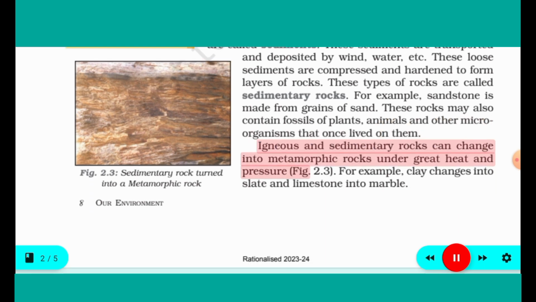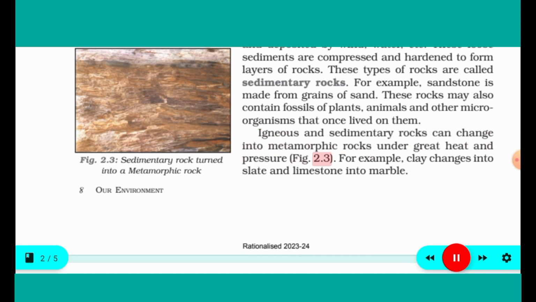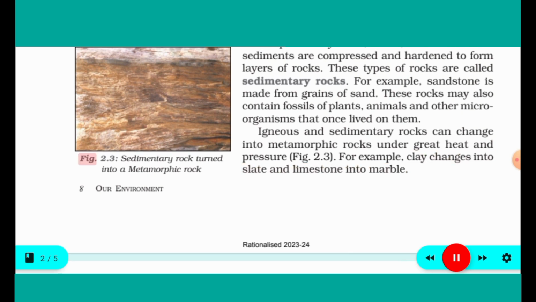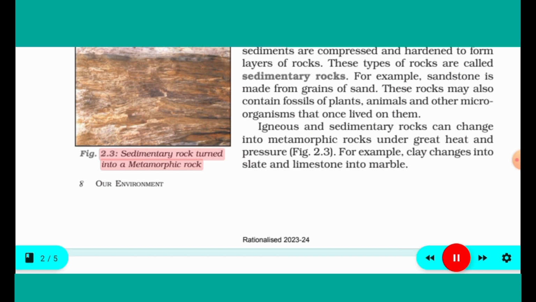Igneous and sedimentary rocks can change into metamorphic rocks under great heat and pressure. Fig. 2.3. For example, clay changes into slate and limestone into marble. Fig. 2.3. Sedimentary rock turned into a metamorphic rock.